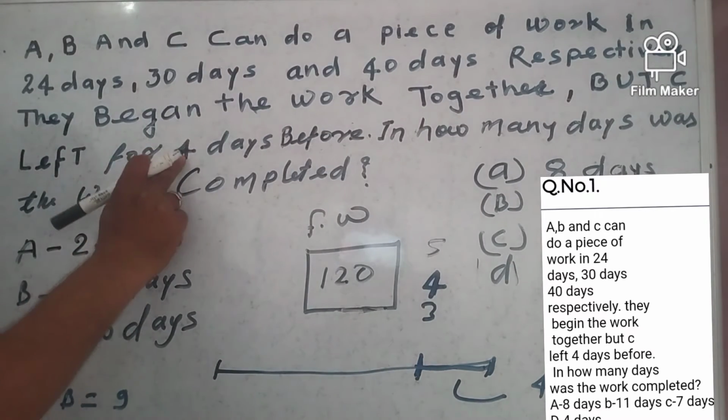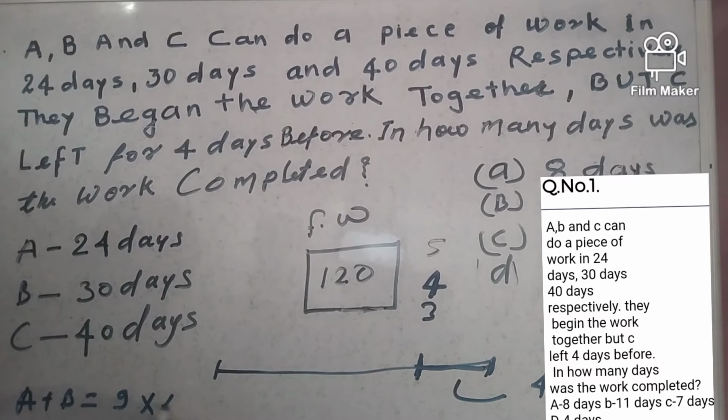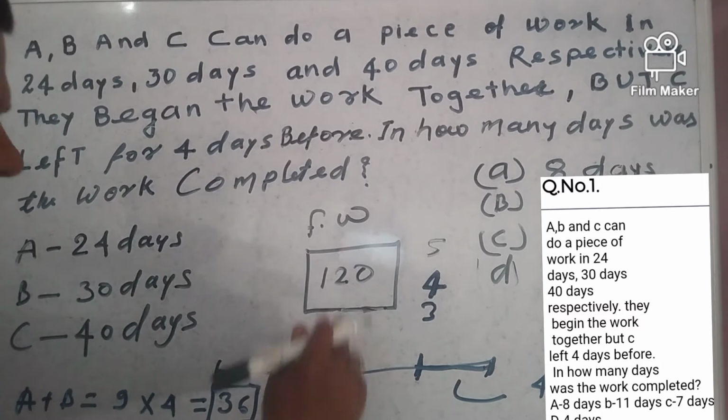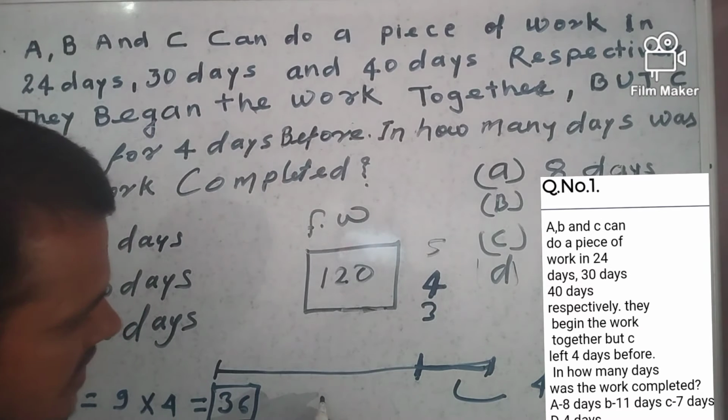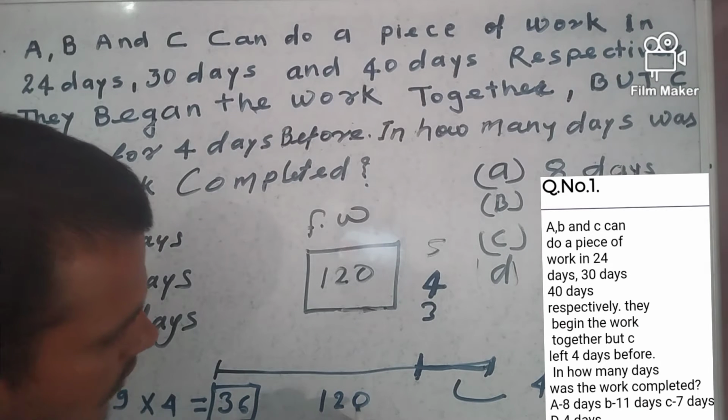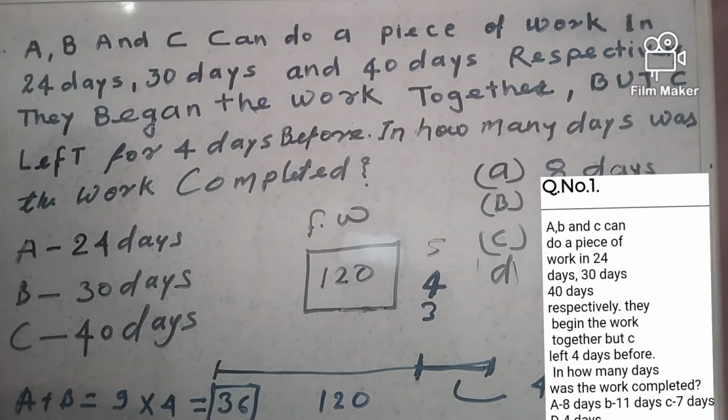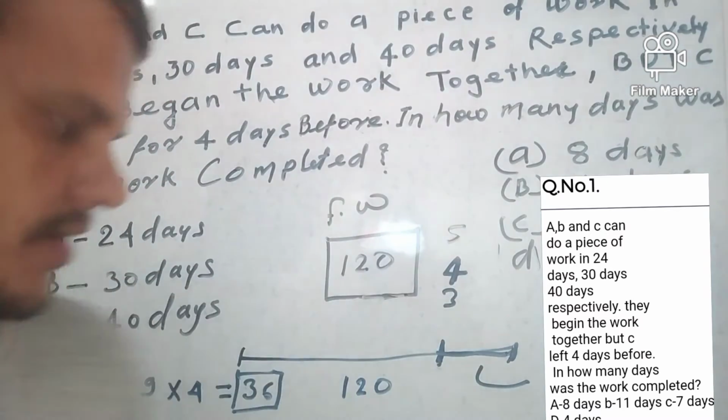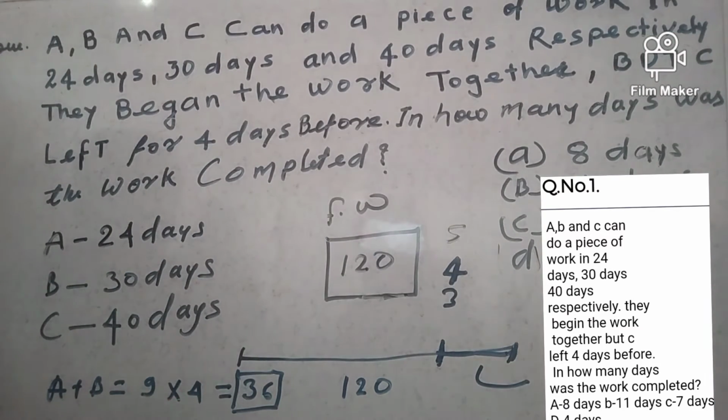So C left 4 days before the end. So 9 times 4 is 36. So A plus B will do 36 out of 120. The full work is 120 and A plus B will do 36 work in 4 days.